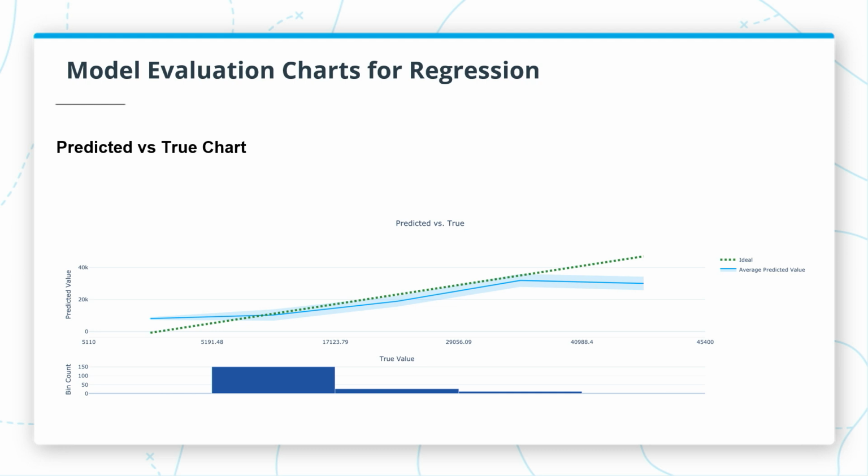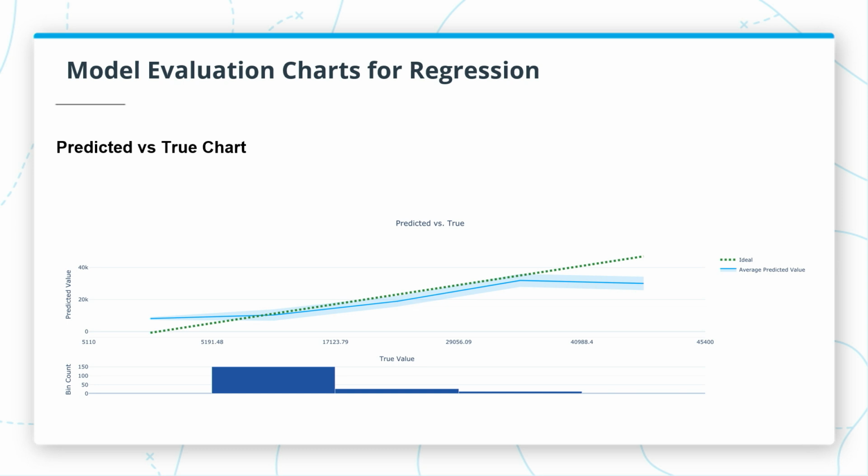One of these interesting charts is the predicted versus true chart. It displays the relationship between the predicted value and the true value. And note that the ideal regressor, which is represented on the top part of the chart by the diagonal line, is the regressor that is perfectly accurate.